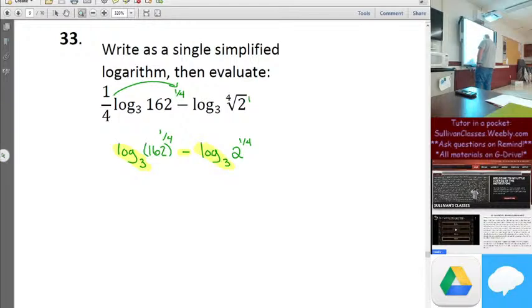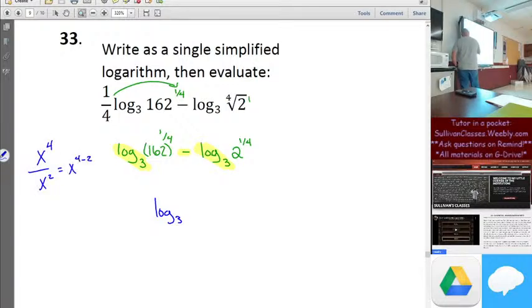Subtract them means, just like with exponents, if I had x to the 4th over x to the 2nd, I do x to the 4 minus 2. Quotients become differences, differences become quotients. Same with logs. That's 162 to the 1/4 and 2 to the 1/4.